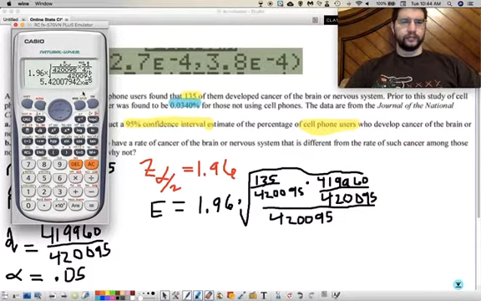And that should be our error. Now it's really important you keep all these decimals. That's got 4 zeros behind it.